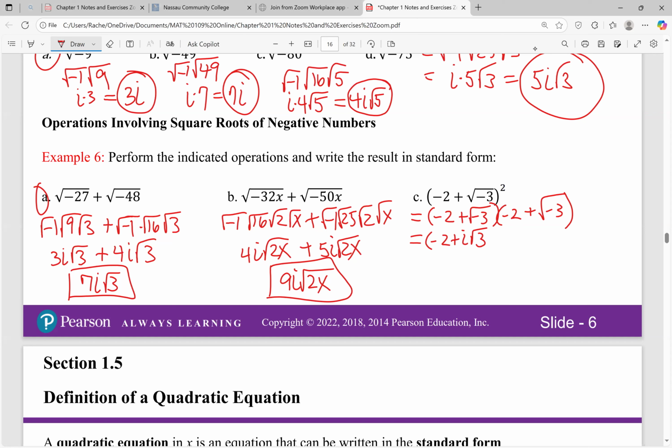All I'm doing is factoring out the square root of -1, which is i, and then we're still going to have times the square root of 3 because I don't have a perfect square other than 1, that's a factor of 3. So we're just going to have to leave it as the square root of 3. Now multiply that by -2 plus i times the square root of 3.